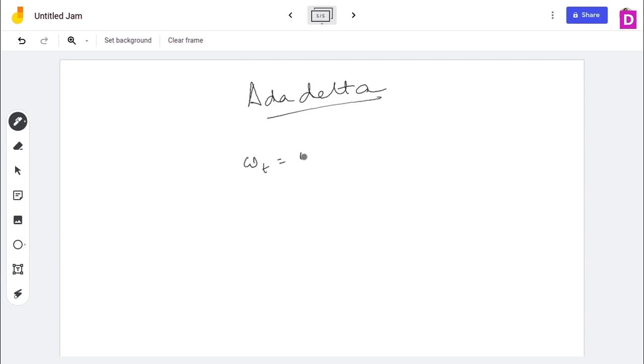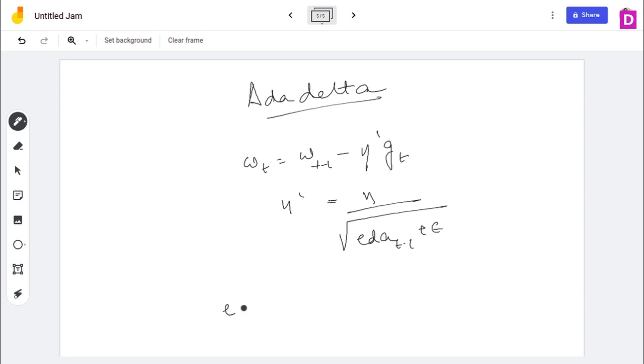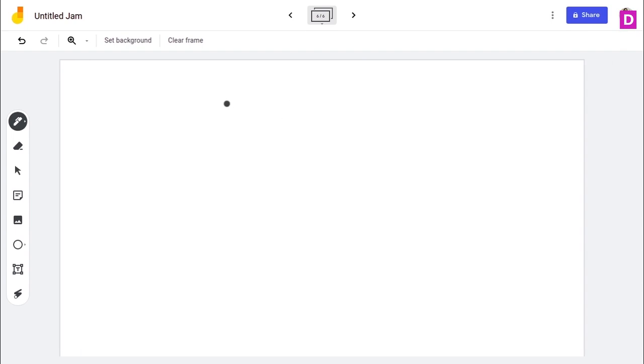We have Wt equal to Wt minus 1 minus eta dash times Gt. Here eta dash is equal to eta divided by the square root of EGt minus 1 plus epsilon. EGt minus 1 is equal to gamma times EGt minus 2 plus 1 minus gamma times Gt minus 1 square. Let me write that again.